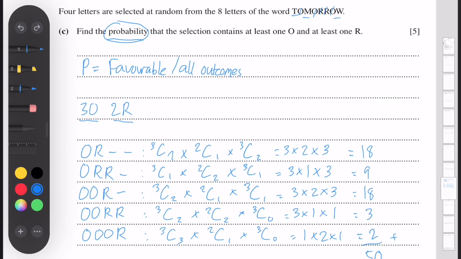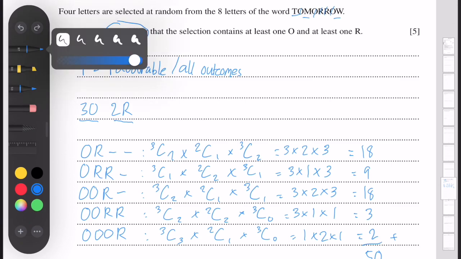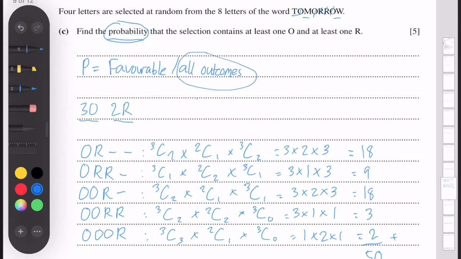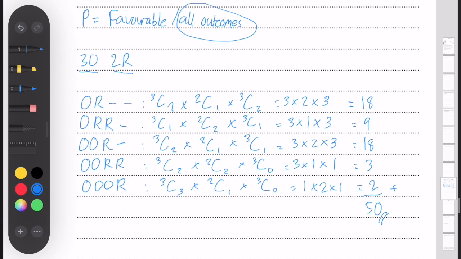But wait, hold on. That's not the end of the question. Remember, we're asking for the probability, which means we still have to find all outcomes. So now, the same thing applies for the total possible outcomes.